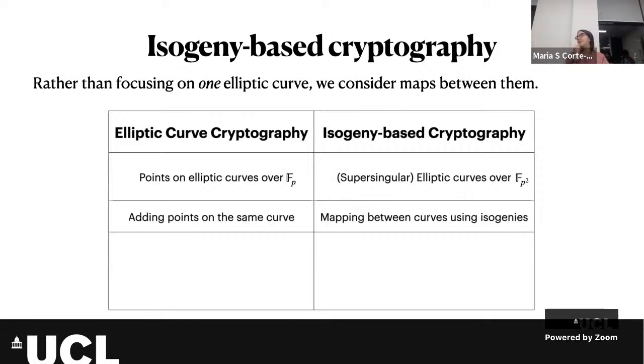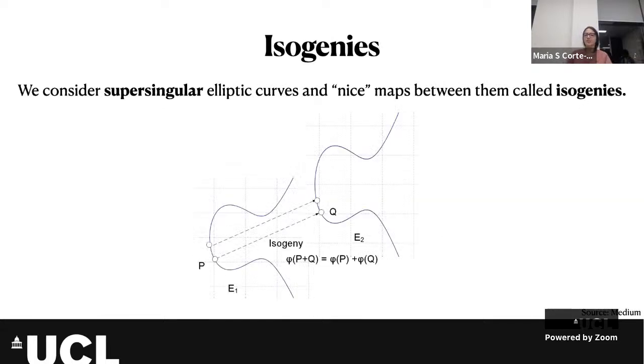Then in ECC, the operation that we work with is that we add points on the same curve. So you have a point and you multiply it by some scalar, which is just adding the point that many times. Whereas in isogeny-based cryptography, rather than looking at many points on one curve, we look at many curves and how to map between them. So we consider different elliptic curves and how you can move between these curves using a very special type of map called an isogeny. So an isogeny is just a nice map between elliptic curves.